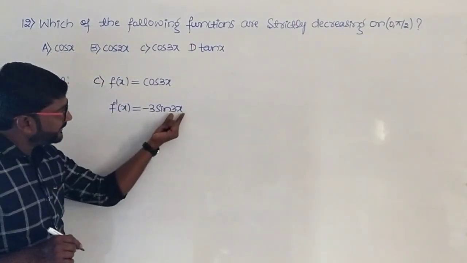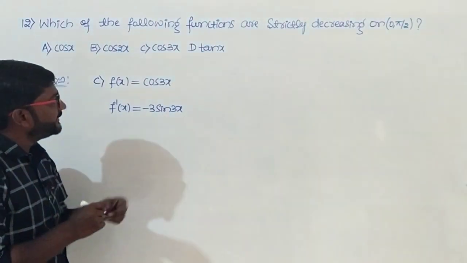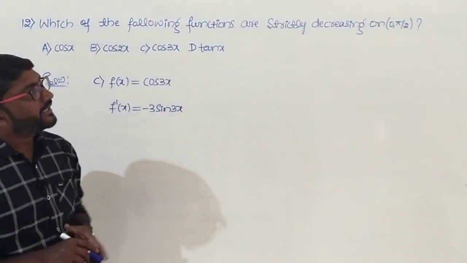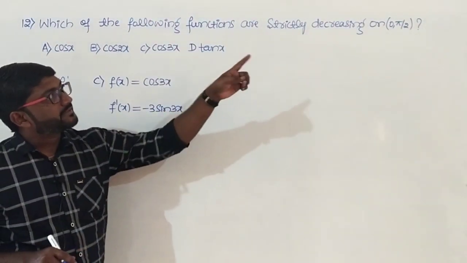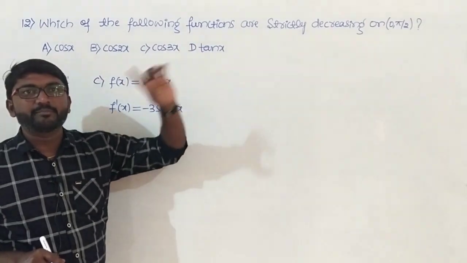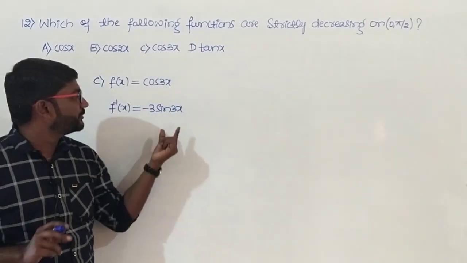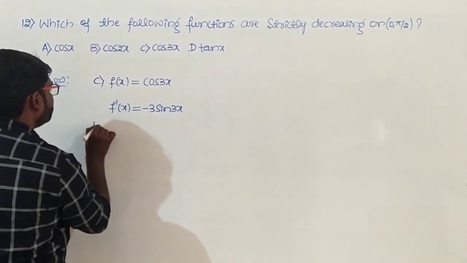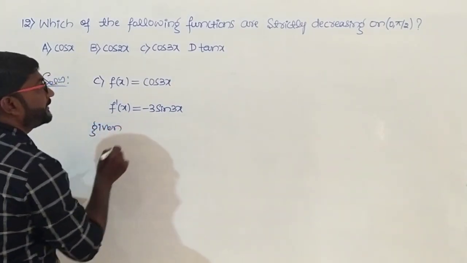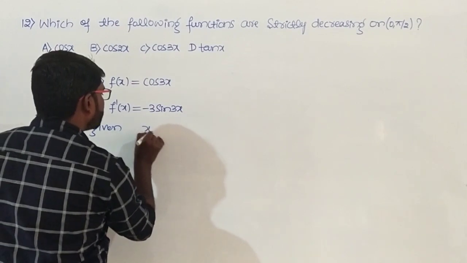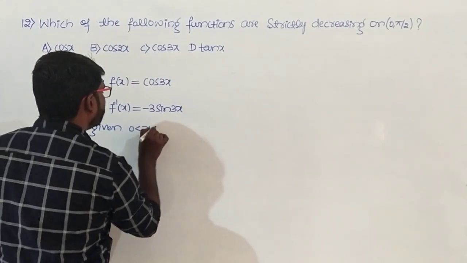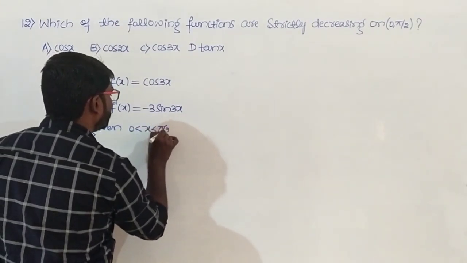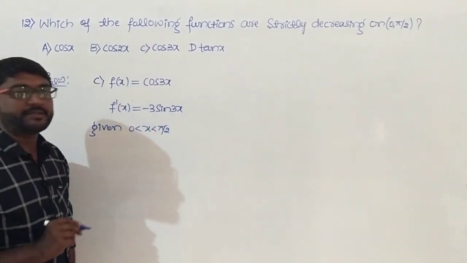So here the angle is 3x, but the given condition is for x, that is x greater than 0 and less than pi by 2. We have to convert this to 3x. See here, given x greater than 0 and less than pi by 2, but we need the condition for 3x.